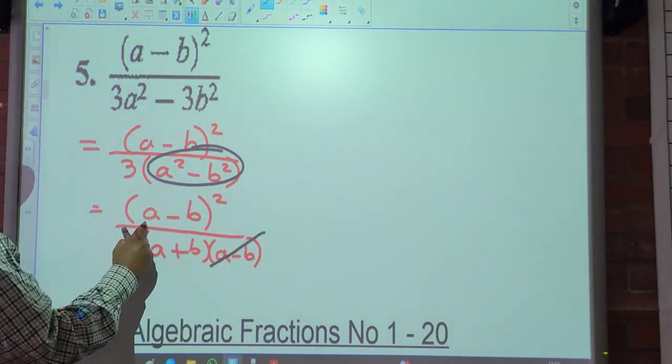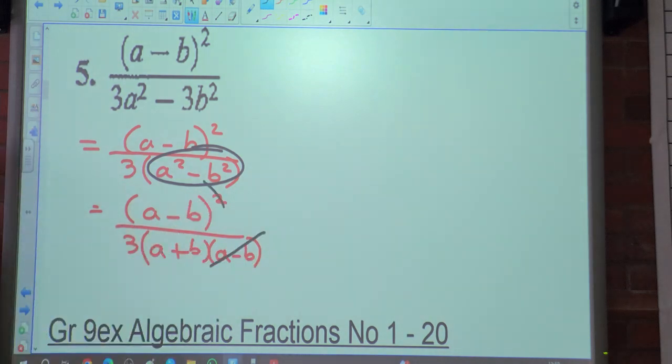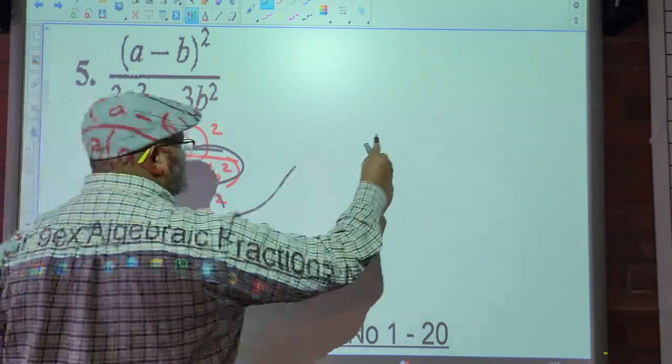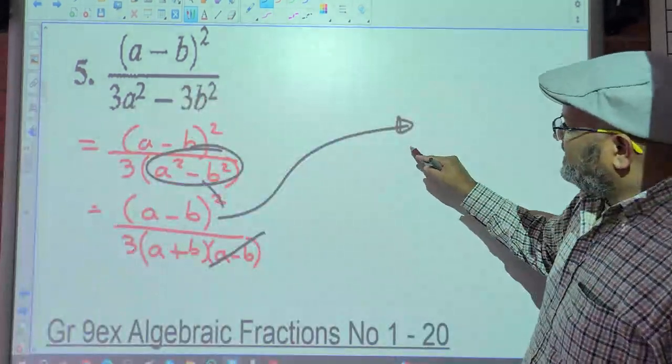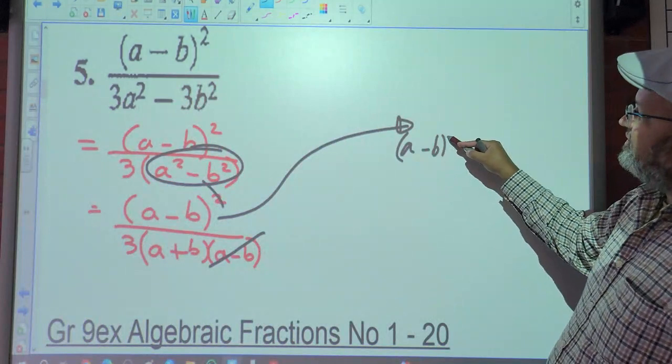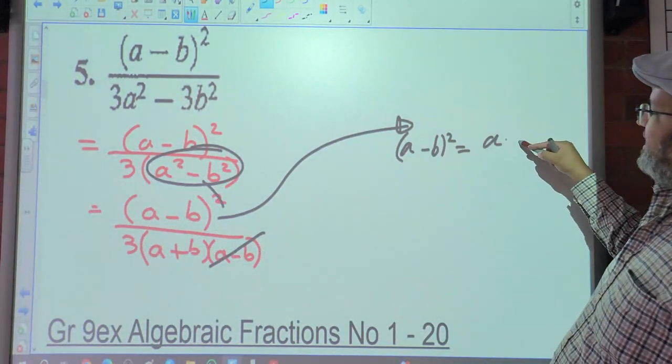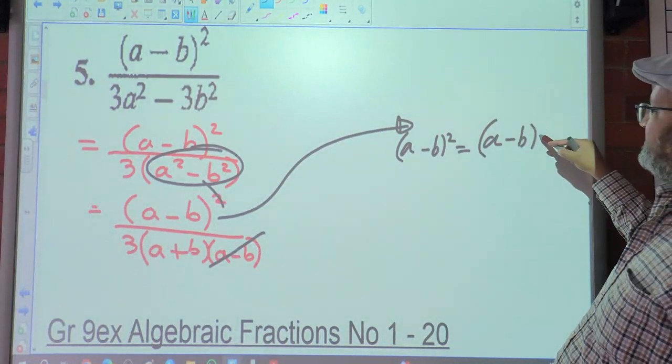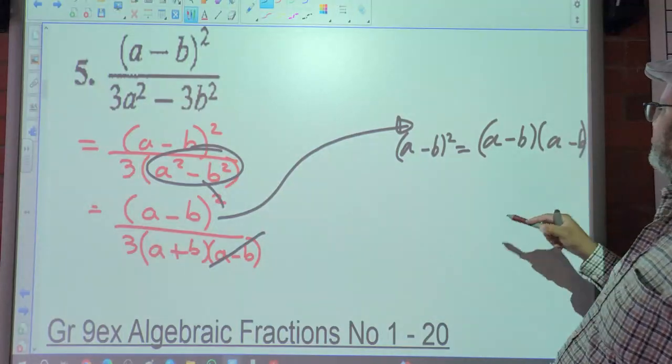A minus b can cancel one of the two of them. Not so. Just to give you an idea for those of you who are confused, that a minus b squared is actually a minus b times a minus b. Can you see that, people?